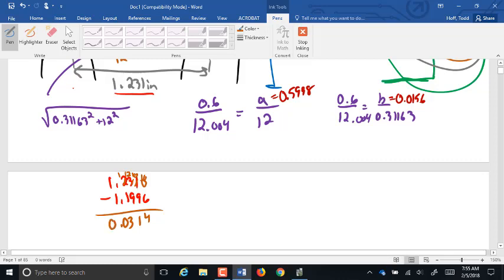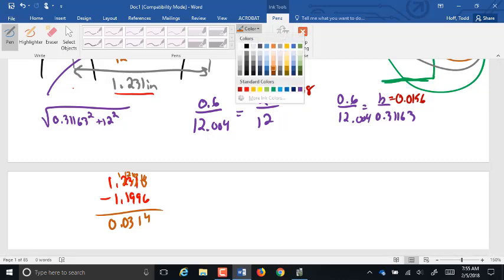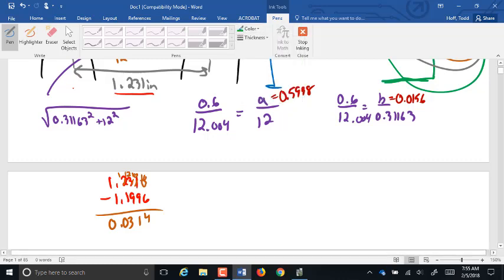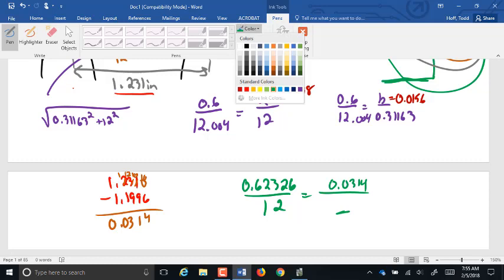So we get 0.0314 is my difference in diameter. So then my Morse taper, 0.62326 over 12, that's going to be 0.0314 over whatever that depth is.